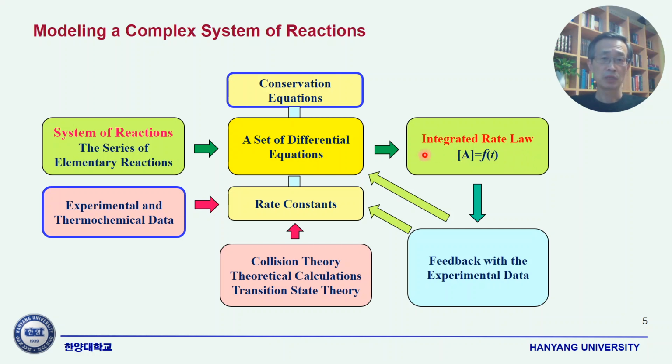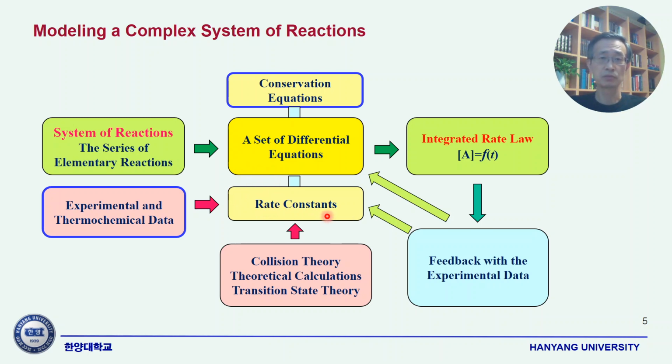Okay, so in order to solve the differential equations, some chemical information is required, which is a set of rate constants for each elementary reaction, or for each elementary step we need the rate constant.